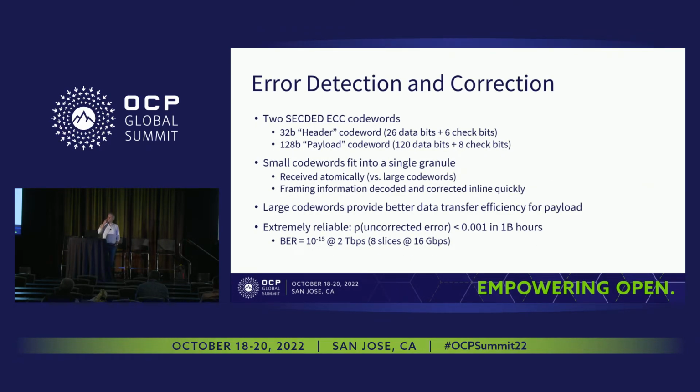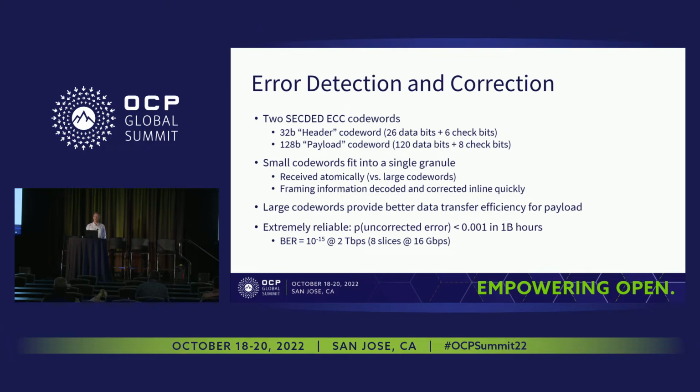As I mentioned in the previous slide, the link layer employs two different SECDED codes for error detection and correction. There's a small code word, or header code word, that is applied to the headers of the TLPs and the LLPs and consists of 26 data bits and 6 check bits. Large code words, or payload code words, are applied to the remainder of a TLP payload, and consist of 120 data bits and 8 check bits.